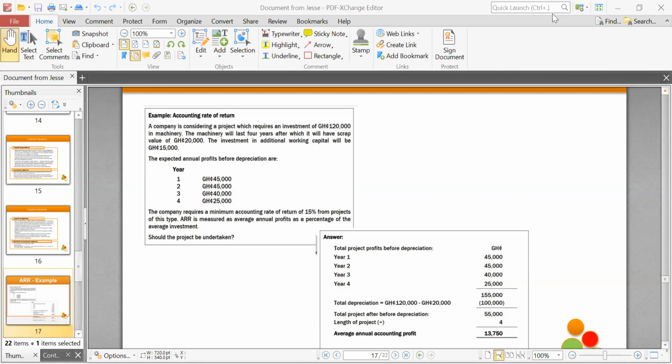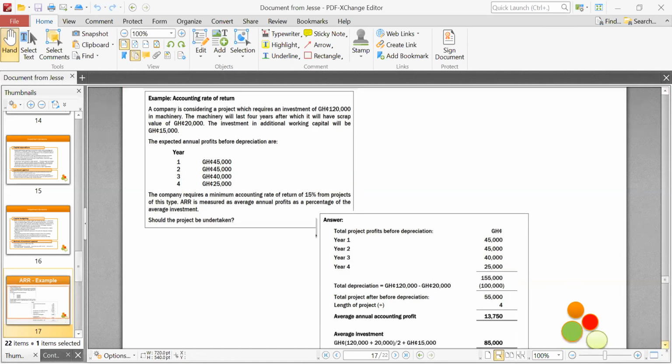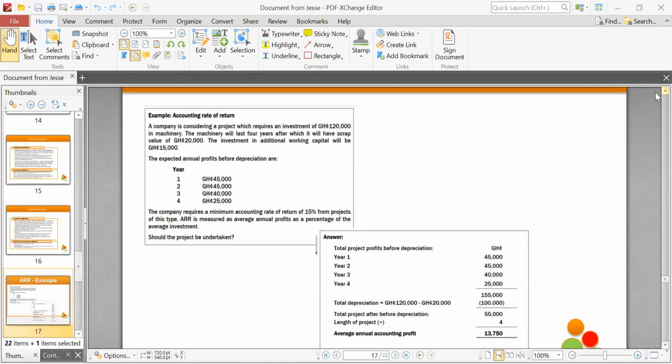Someone says something in the chat: the investment of 120,000. I see. Is that all? You can sell it for 20,000. That's the scrap value. So do we have to add the scrap value to the investment, or what do we do? What do you guys think?